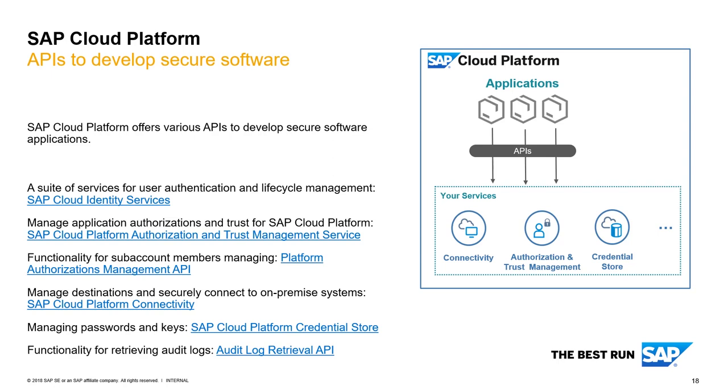I want to point out once more the various APIs offered which can be used to develop secure applications. We have APIs to post, get, put and delete user data via the Cloud Identity Services. We have APIs which enable you to manage service instances, roles and templates and role collections for business users and platform users.